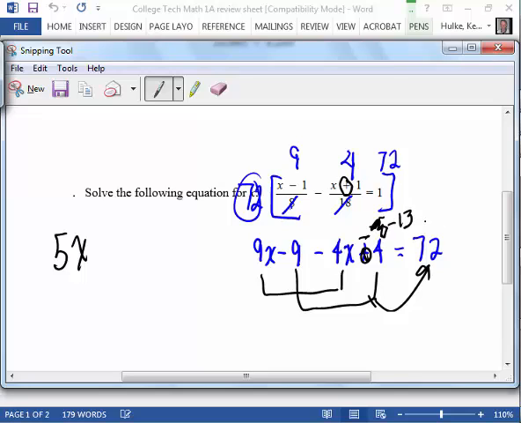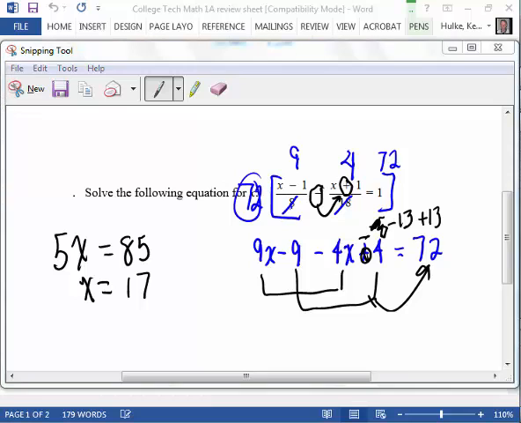So negative 13 on that side is positive 13 on the other side. So 5x is 85. X is, what is that, 17? Yeah, I almost made a mistake there because you notice that negative sign changes that to a negative 4.